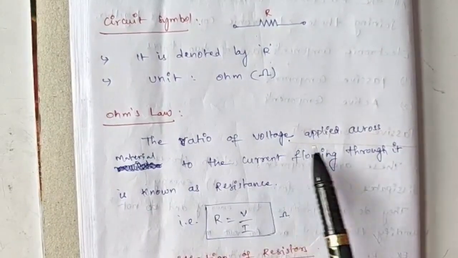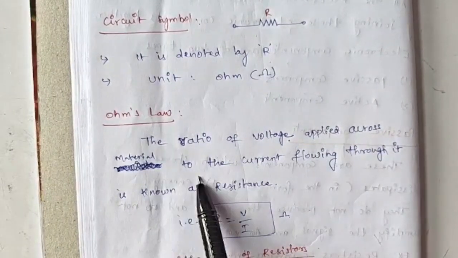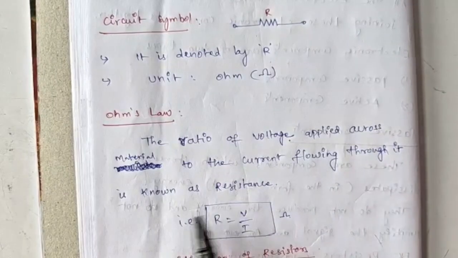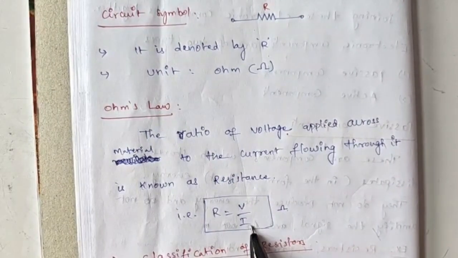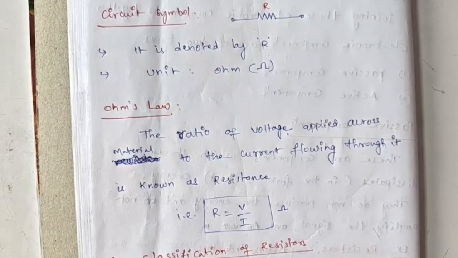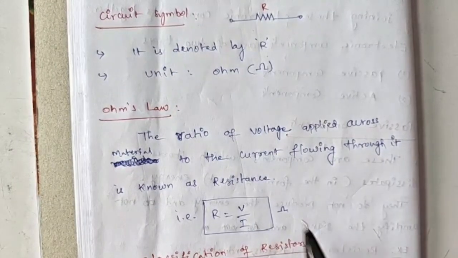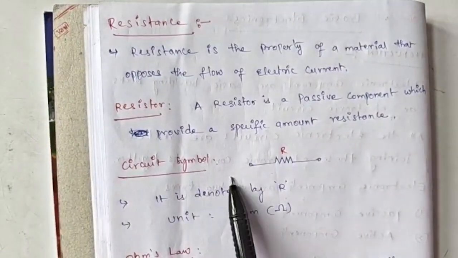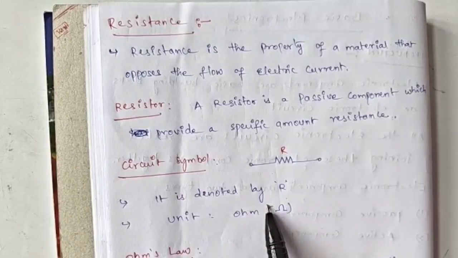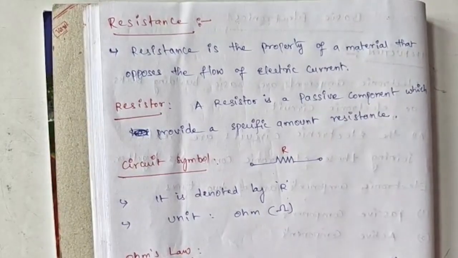The ratio of voltage applied across the material to the current flowing through it is known as the resistance, which is R equals V by I. It is simply the ratio of voltage to current, and the unit is ohm. So this is the basic definition of resistance, the resistor, its circuit symbol, how we denote it, and the unit of resistance.